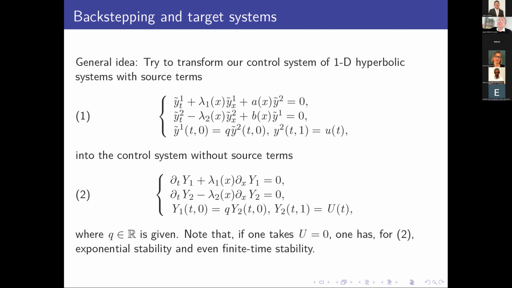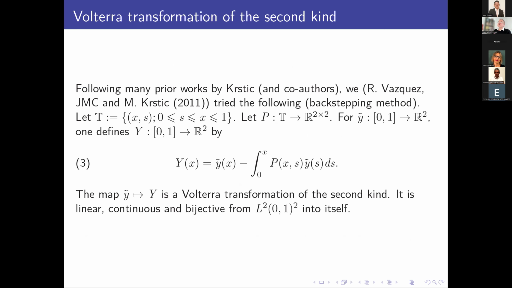So now, is it possible to transform the first system into the second one by using a Volterra transformation of the second kind? The interest of the Volterra transformation of the second kind is that this transformation is always invertible. You take this capital Y, which is given by this formula, and you want to transform the y tilde system into the capital Y system.